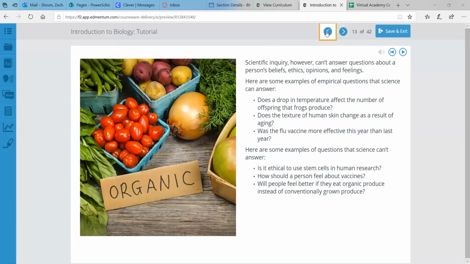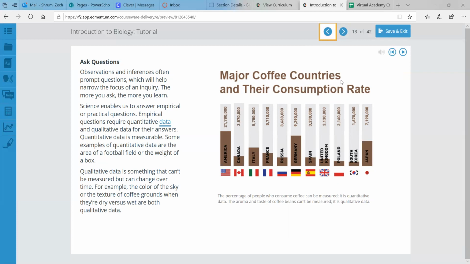Oh, okay, interesting graphic. Major coffee countries and their consumption rates. So America, according to this graph, pretty high coffee drinkers. Germany as well. Japan actually surprises me. Italy, no, I definitely think of European as coffee.